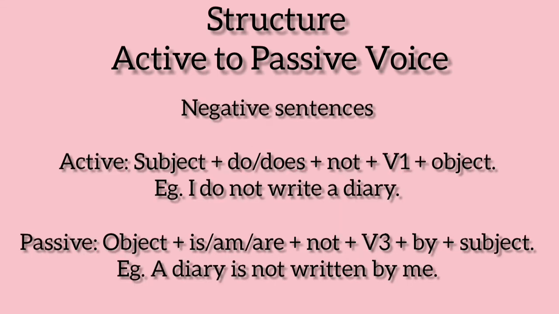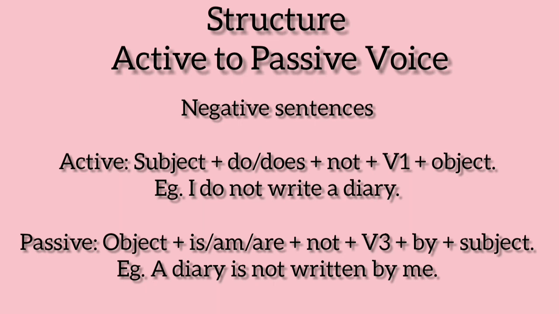When we are changing the negative sentence from active voice to passive voice, the structure will be the object plus is, am, are plus not plus verb in the third form plus the preposition by plus the subject according to the sentence.